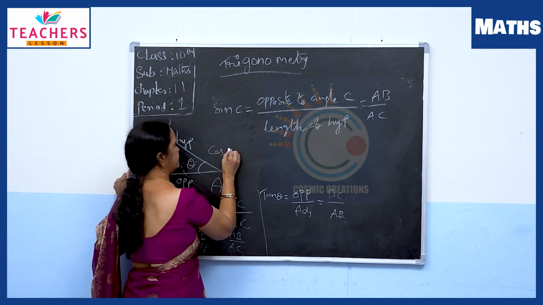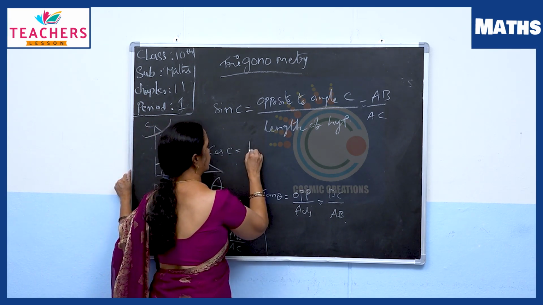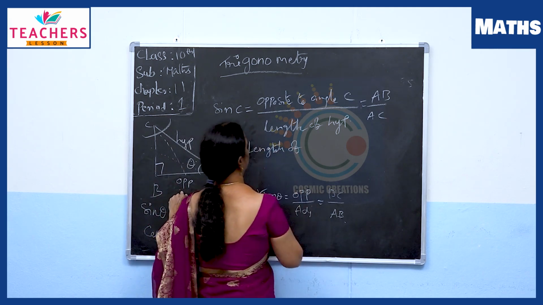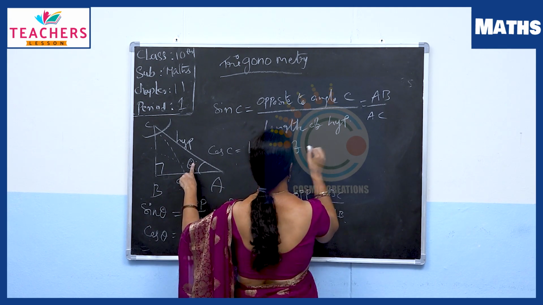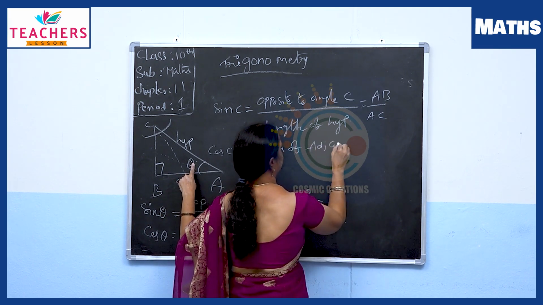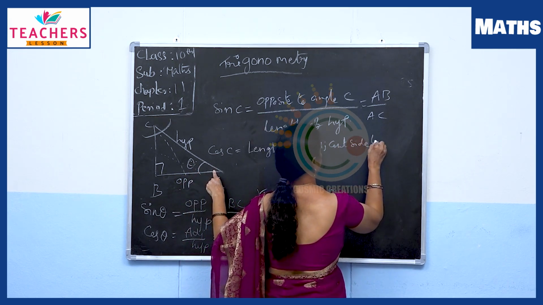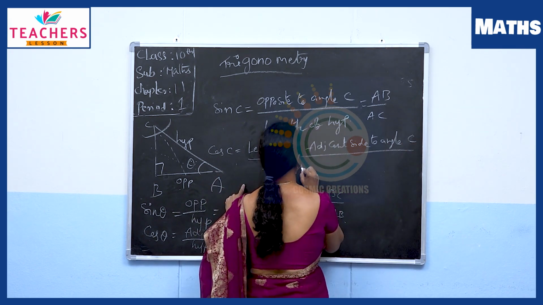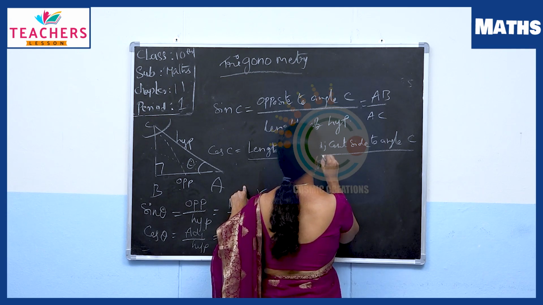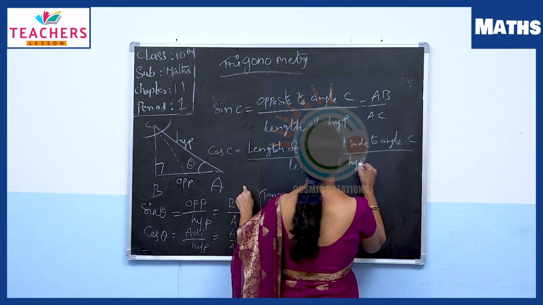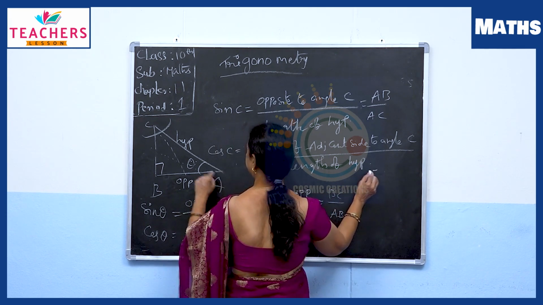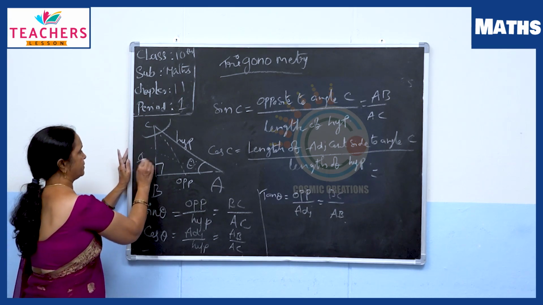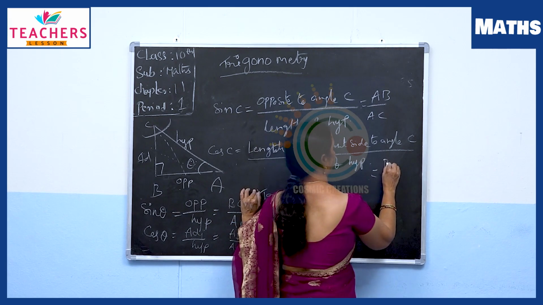Now cos is length of adjacent side to angle C with respect to, by length of hypotenuse, which is equal to adjacent with respect to C, adjacent BC by AC.